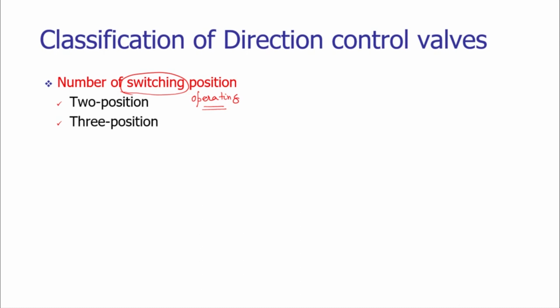So there are two switching positions, that is, on means the extension of the piston cylinder arrangement, off means retraction of the piston cylinder arrangement. So we can have the two positions.